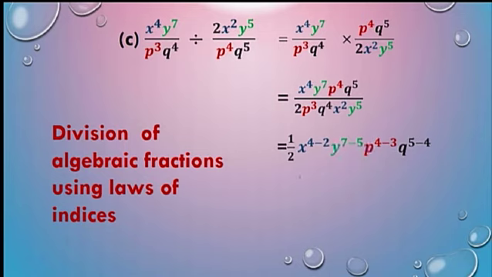So the final answer here is half x squared y power 2 p power 1 q power 1. Of course, p power 1 q power 1, you can leave it as p times q.